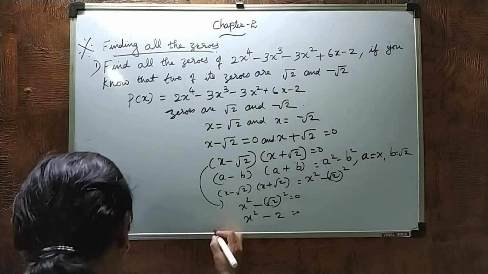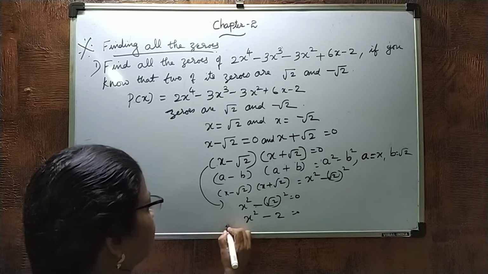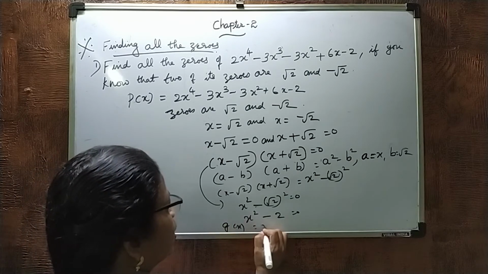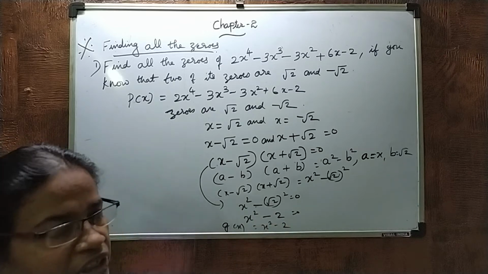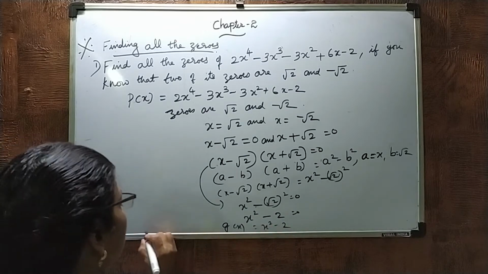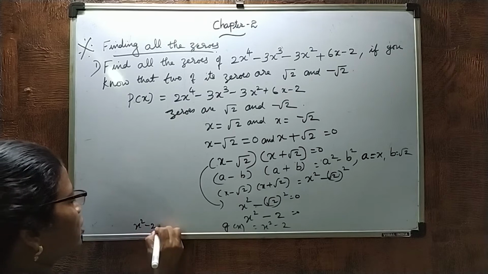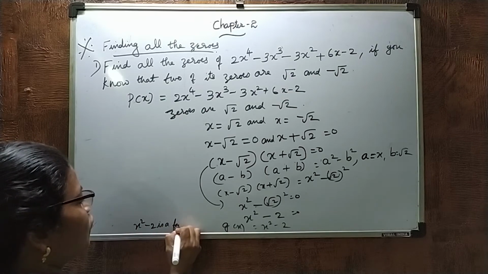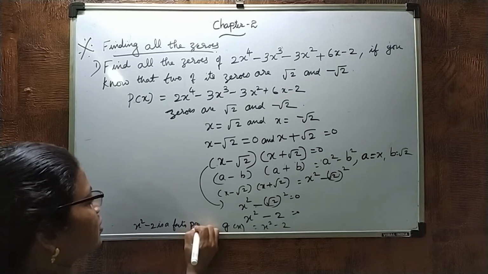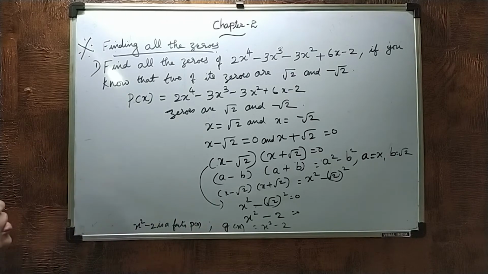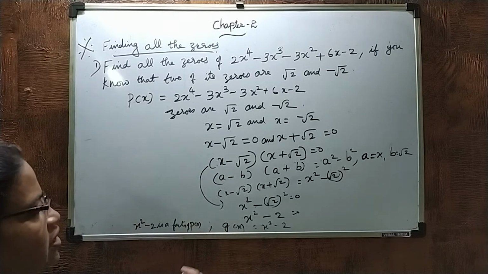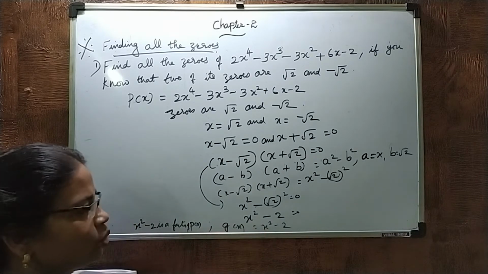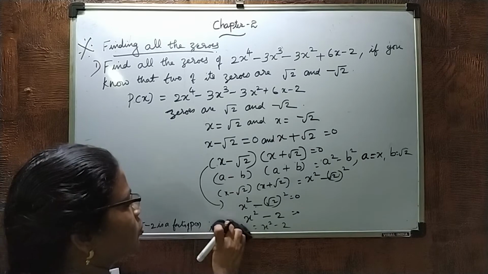We can take it as g of x is equal to x square minus 2. So what things did you get? You have to write that x square minus 2 is a factor of p of x. Therefore we can consider g of x is equal to x square minus 2.